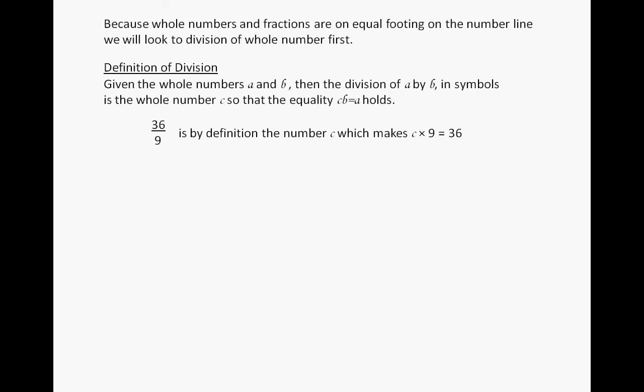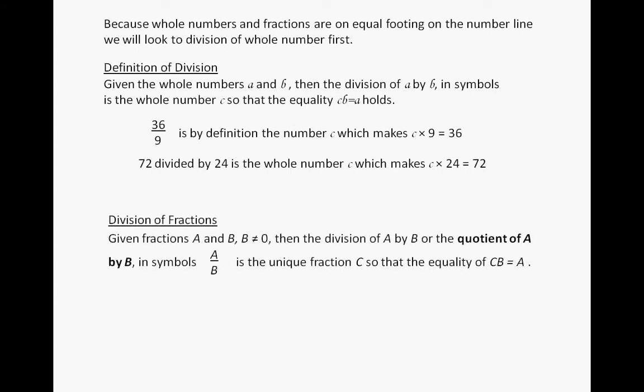If we have 36 divided by 9, it is by definition the number c which makes c times 9 equal 36. Here's another example. If we're using words, we say 72 divided by 24 is the whole number c which makes c times 24 equal to 72.